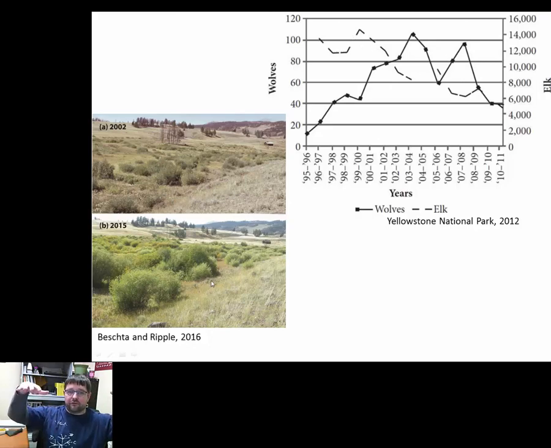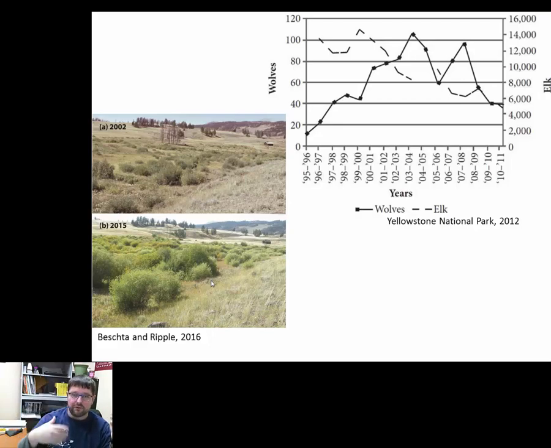So the ungulates are now compressed by predators, so there's less ungulates, they have less free range, so the plants get released. They're the prey of the herbivore. They get released of that pressure, so they have the ability to grow.